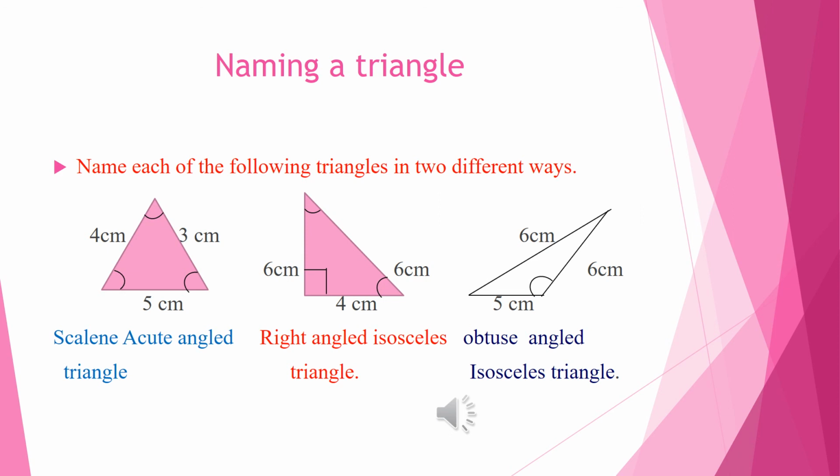Coming to the third triangle, here also two sides are equal, so it is an isosceles triangle, and since one of the angles is more than 90 degrees, it is an obtuse angle triangle. So we name it as obtuse angle isosceles triangle. I hope you understood how to name a triangle in two different ways.